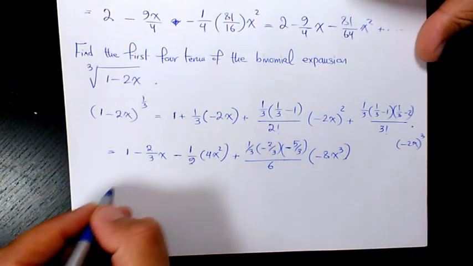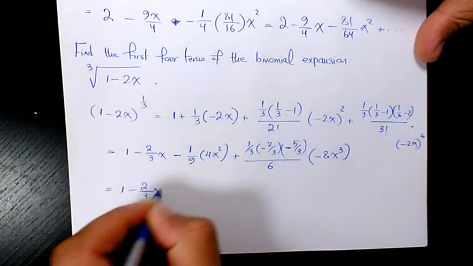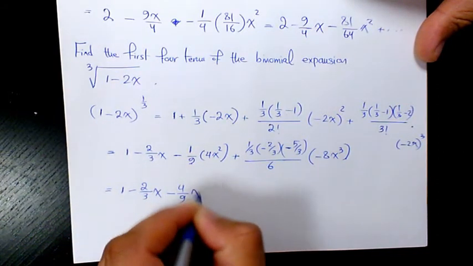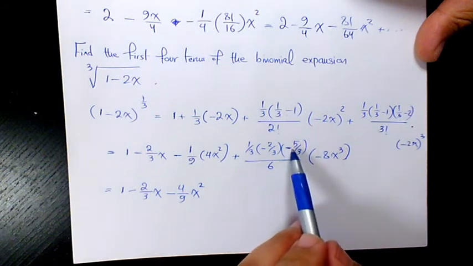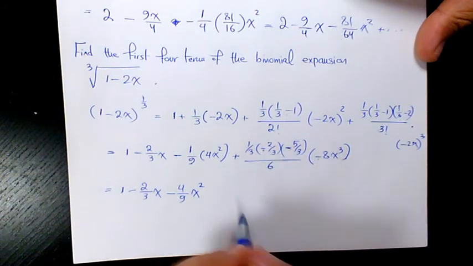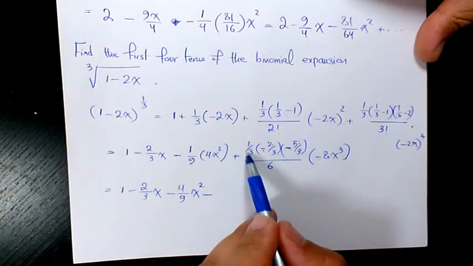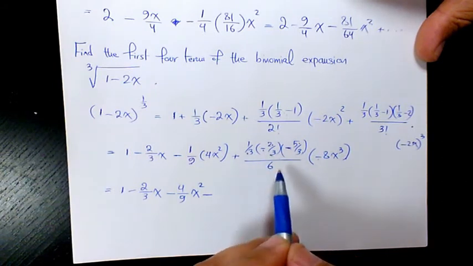Now let's simplify. The 1 minus 2 over 3x minus 4 over 9x squared. Here you have negative becomes positive. You have negative. So that's 10 over 27, 10 over 27.